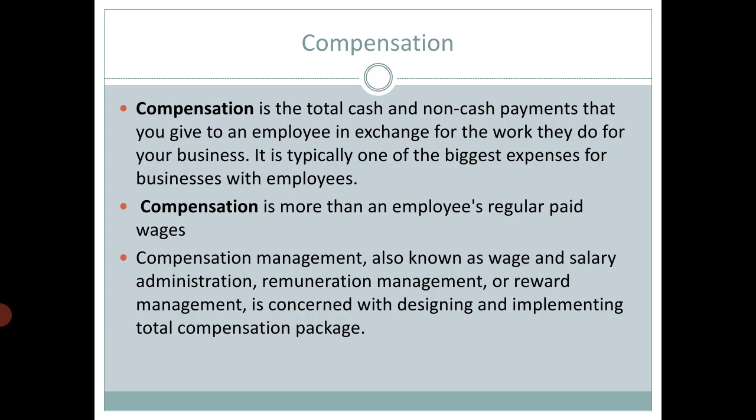He is in need of these 4 factors of production. So the first factor of production is land. Why do we need land? Land is needed so that you can incorporate your business at that location.